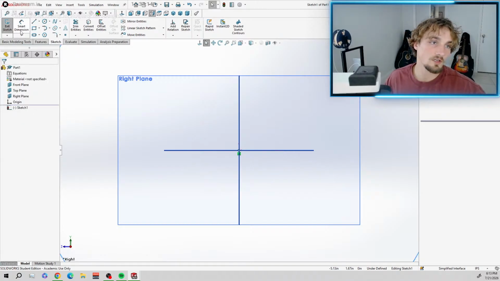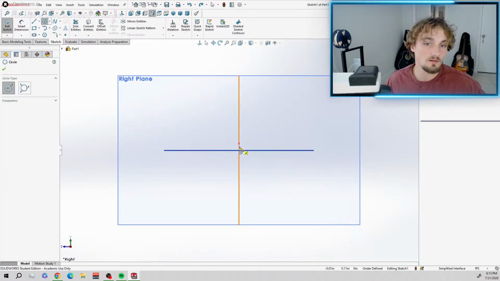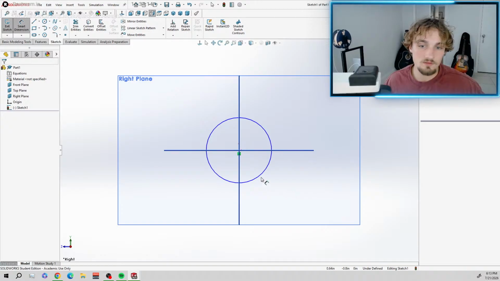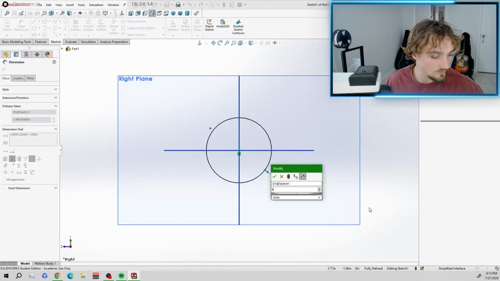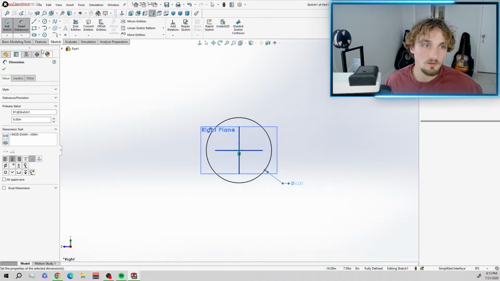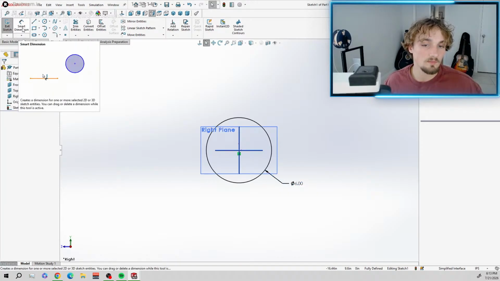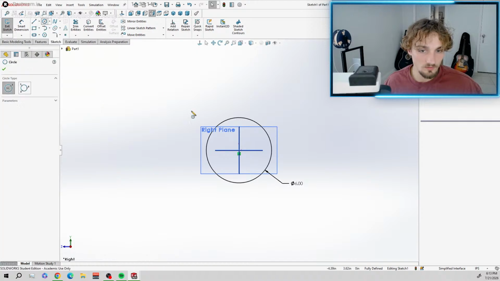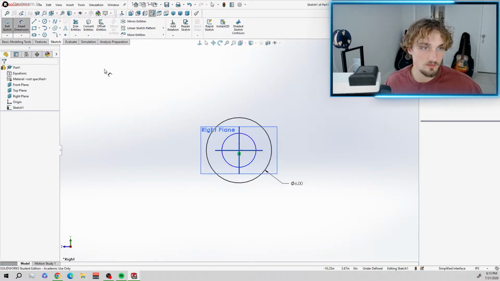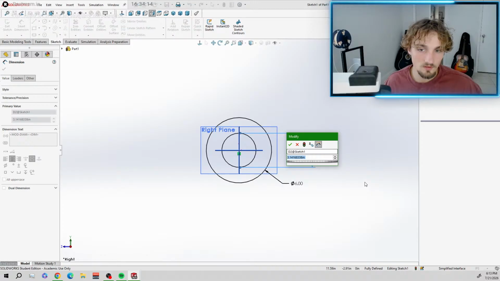Oh wait, first check it. Oh fuck, what happened? Alright, let's try that again. Good. Smart dimension. No, we make it 6. Okay, check. Yeah, we'll do some more. The rim, approximately, let's see, check, smart dimension. 3.14.